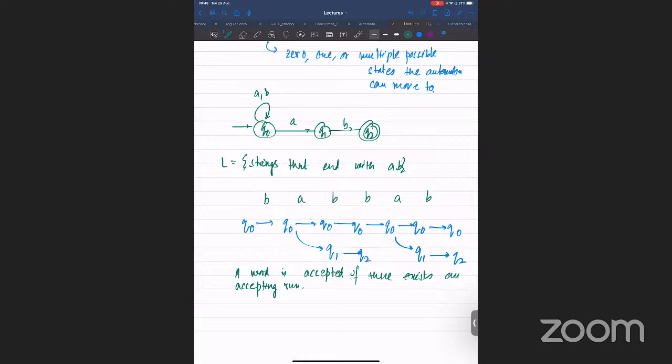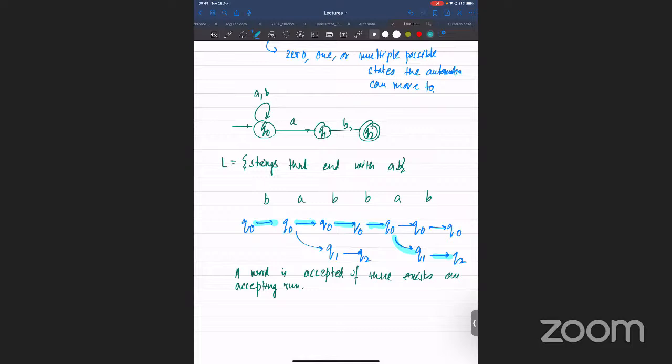So here, this is exactly the accepting one. Hence, this particular word is in the language of this automaton. Clear? As long as there exists one accepting run, the corresponding word will be accepted by this automaton.